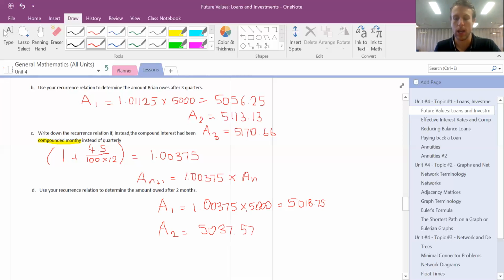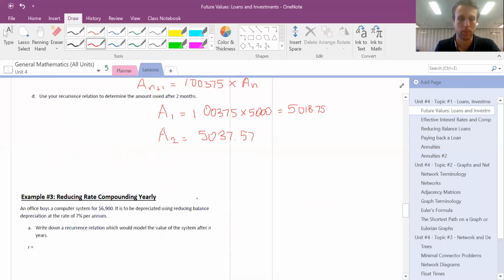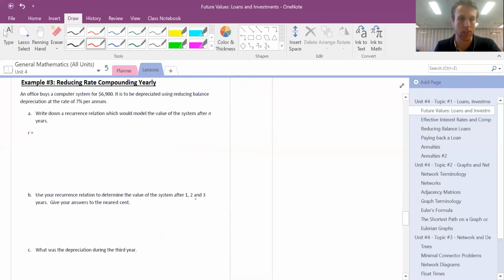If I was to look at having 2 times this interest amount, we'd have 36 and we'd have 37.5. I know it doesn't look like it's that much more. We've only got a little bit extra cents, but if it just continues this way, it will pile up on top of itself because we are compounding more frequently. And that's all asked for after the 2 months, which leads us on to our final question.